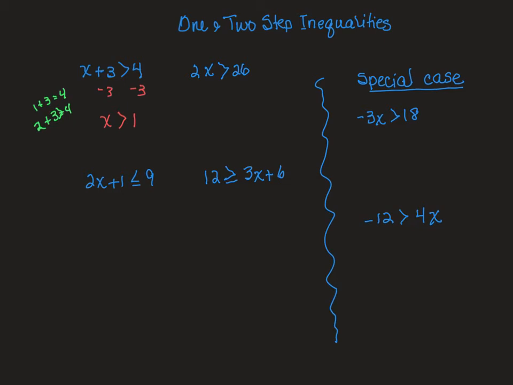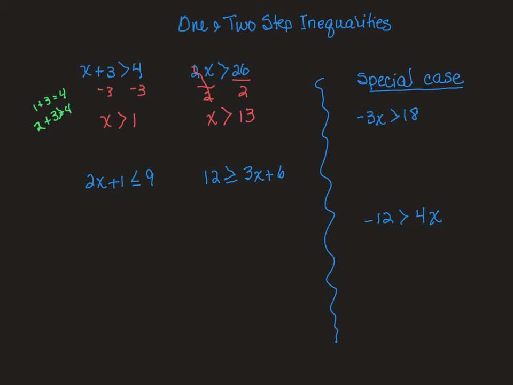All right, let's look at the next one. In this one, we have a 1-step with multiplication. So I have 2x is greater than 26. Just like I do in an equation, I divide by 2. X has to be greater than 13.